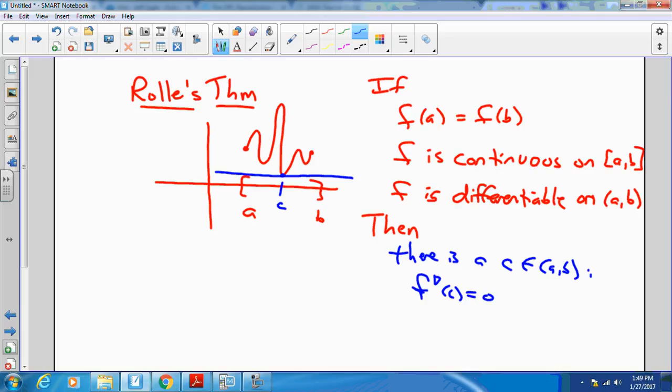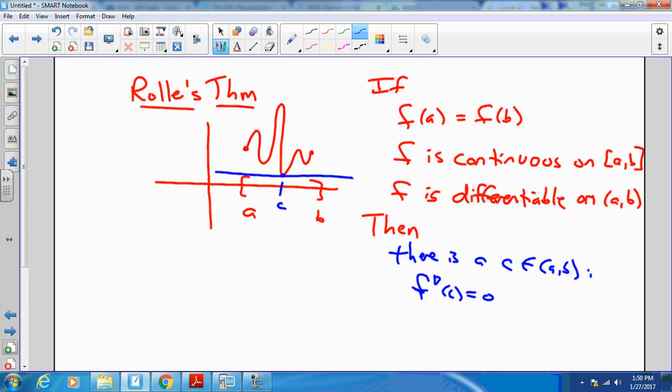Why is it not an accident that I was able to guarantee without any hesitation that all of you would necessarily draw a function that had a point of horizontal tangency? Because f of A and f of B are the same, so if it is increasing, then it has to come back down.